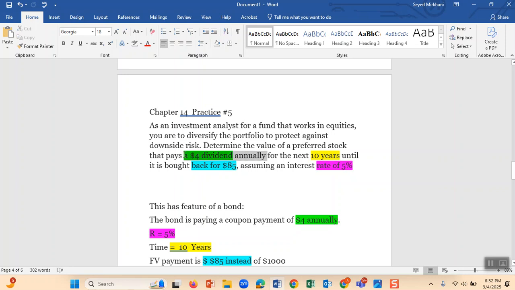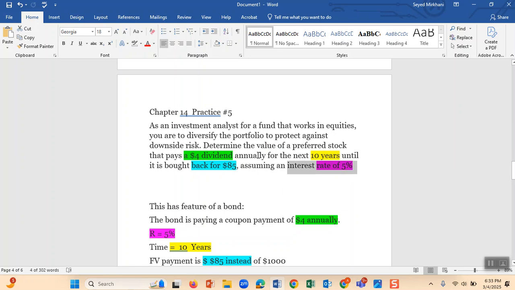We said a 4% dividend. Therefore, to calculate the value of a bond, we need four components. One is the dividend, or how much they are giving us, and how many years they are giving it to us, and how much at the end of the contract they are giving us, and what is the expected rate of return.